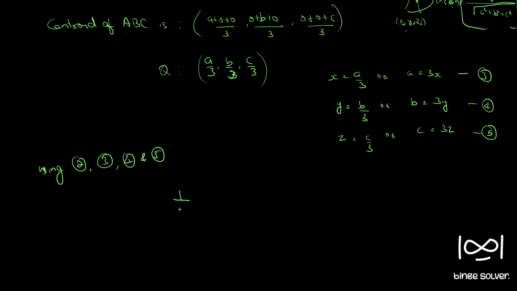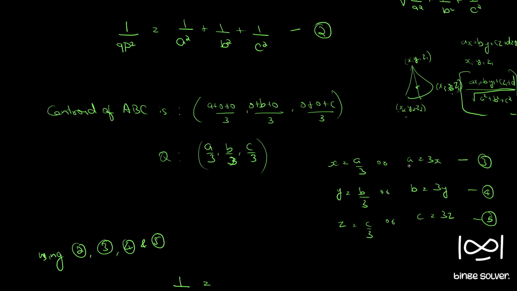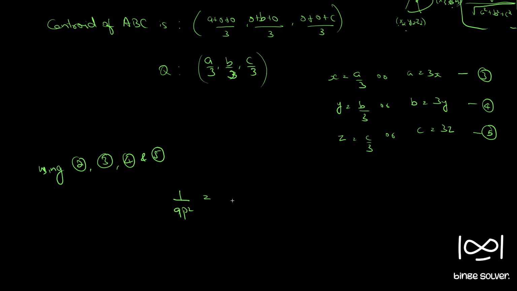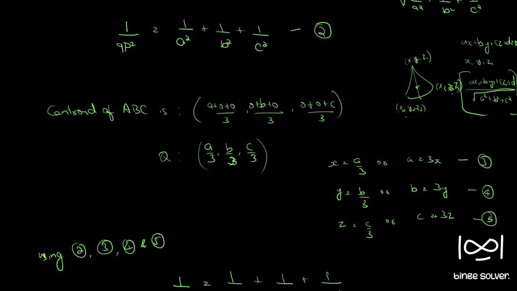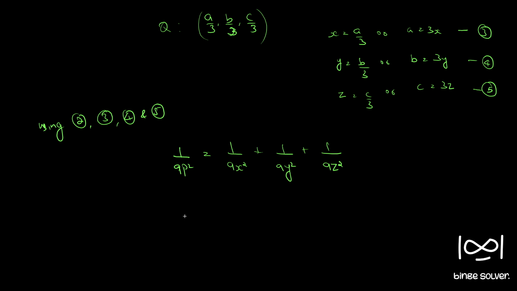So 1 by 9p square is equal to 1 by a square plus 1 by b square plus 1 by c square, which is 1 by 9x square plus 1 by 9y square plus 1 by 9z square. So cutting 9 throughout, we get 1 by p square is equal to 1 by x square plus 1 by y square plus 1 by z square.